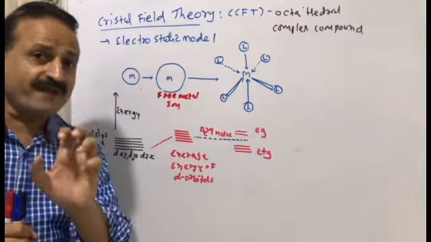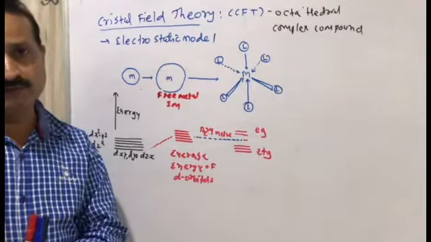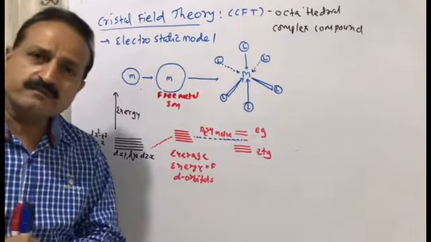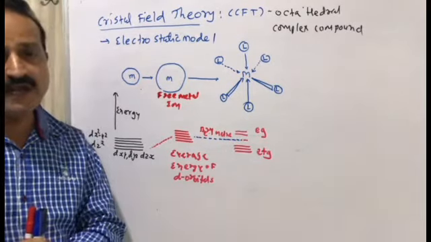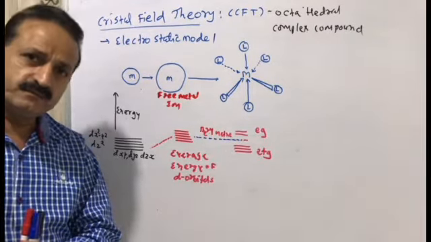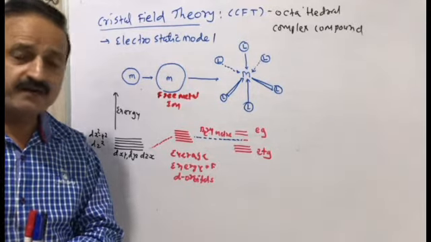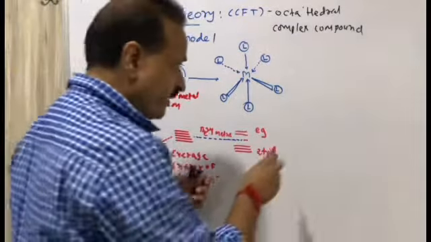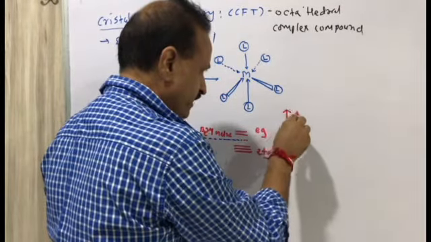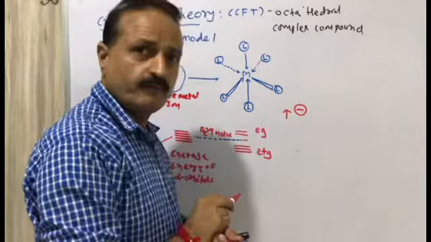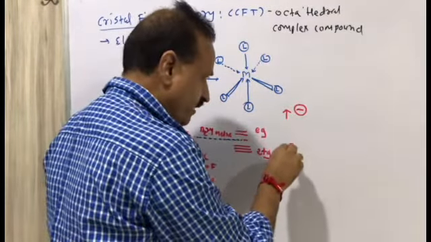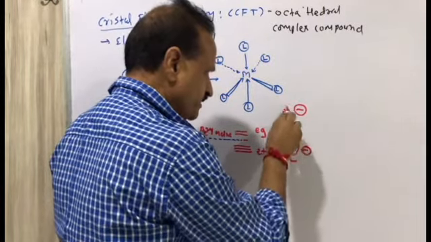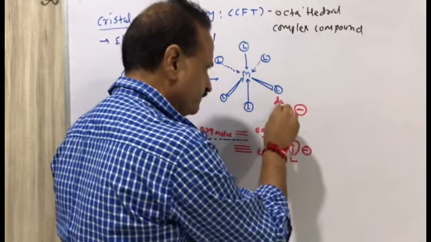If it is an octahedral complex compound, there must be 6 ligands attached to the metal ion, giving an octahedral shape. The ligand is donating electrons. This is the ligand's electron, and these are the d orbitals.